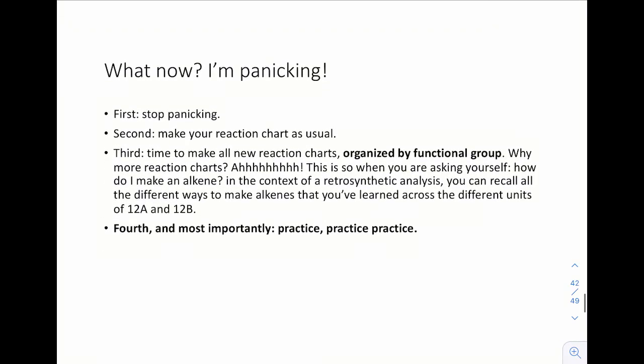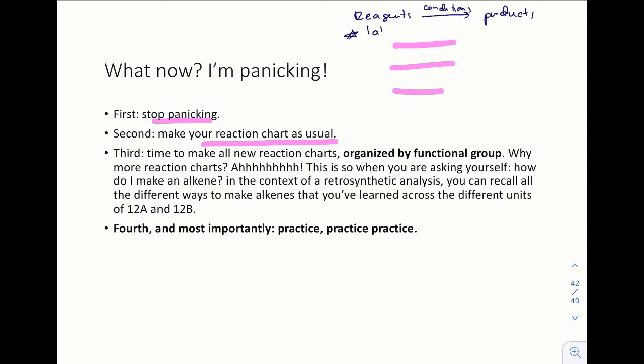Okay, if you're panicking, you need to stop panicking. Make your reaction charts. Once you have your reaction charts, your list of reactions, you have reagents, conditions, and products. Be sure that you're labeling functional groups, so that's how you will recognize the reactions. Once you have the list reaction chart, you should make new reaction charts organized by functional group.